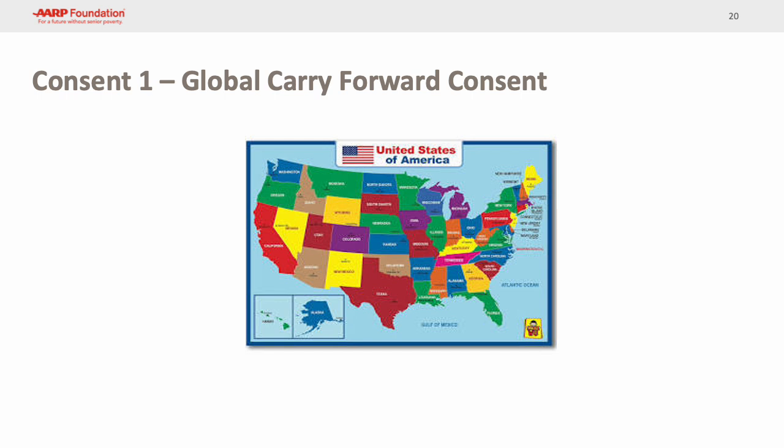Now, this can help counselors from having to re-enter information, which definitely helps to save time in the tax return preparation process. Now, if the taxpayers don't agree to this consent, then their information would only be available at the site where a prior year's return was prepared.